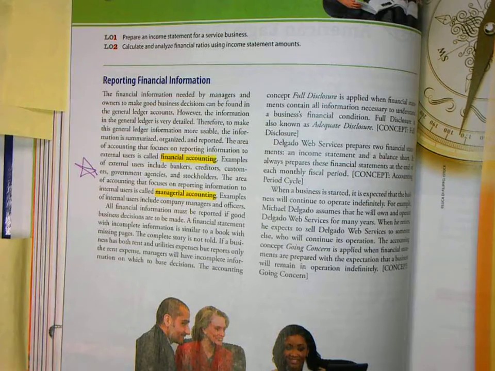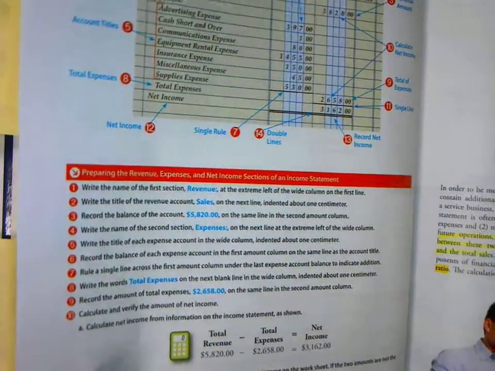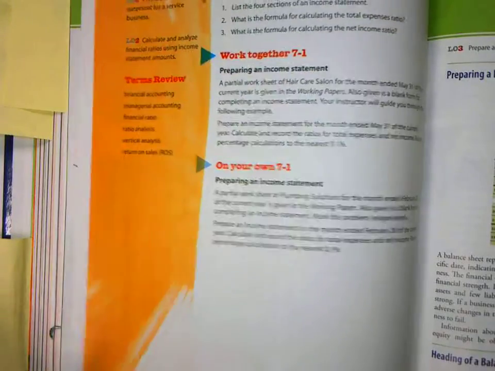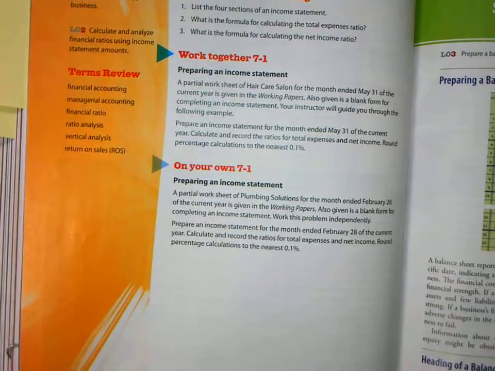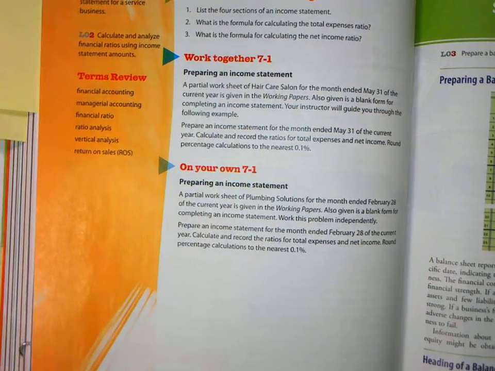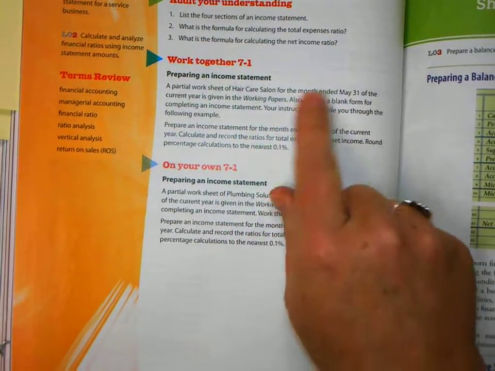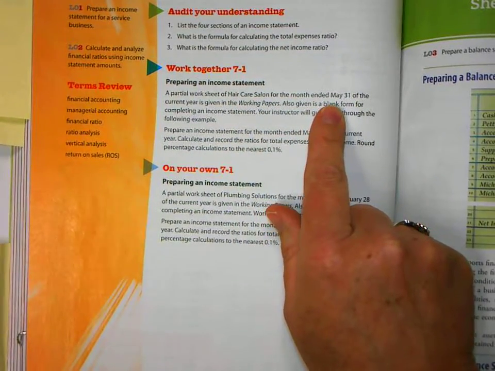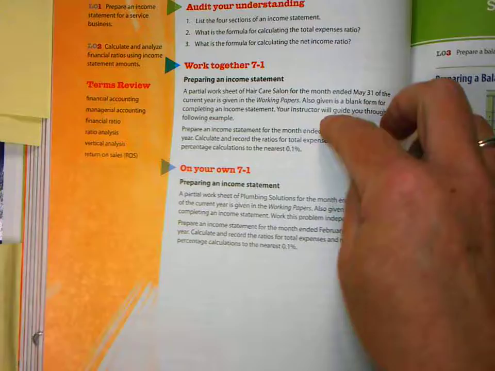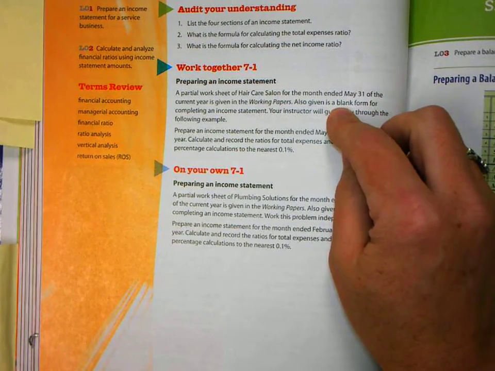Okay. So what we're going to do is create the financial statements, basically doing 7-1 together. And it tells us that this is Hair Care Salon. It's the month ended May 31st. Now, everything in this book works by months, but that's not really real world.